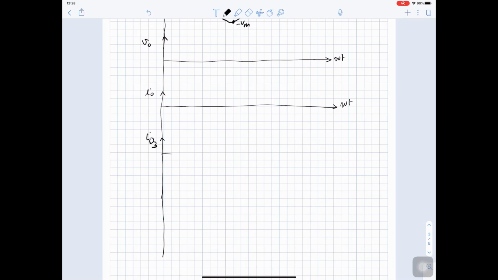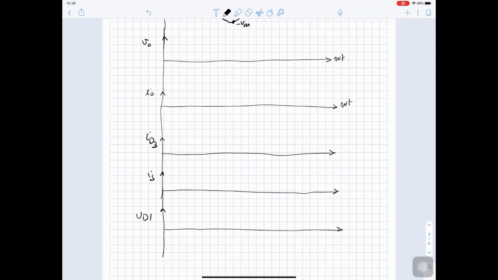I will pick any value. You should be able to sketch I diode 1 and 2 and 3 and 4. Let's sketch I source. Let's sketch V diode 1. Okay, so I picked I diode 3 and V diode 1. You can pick any current in a diode and any voltage across the diode.